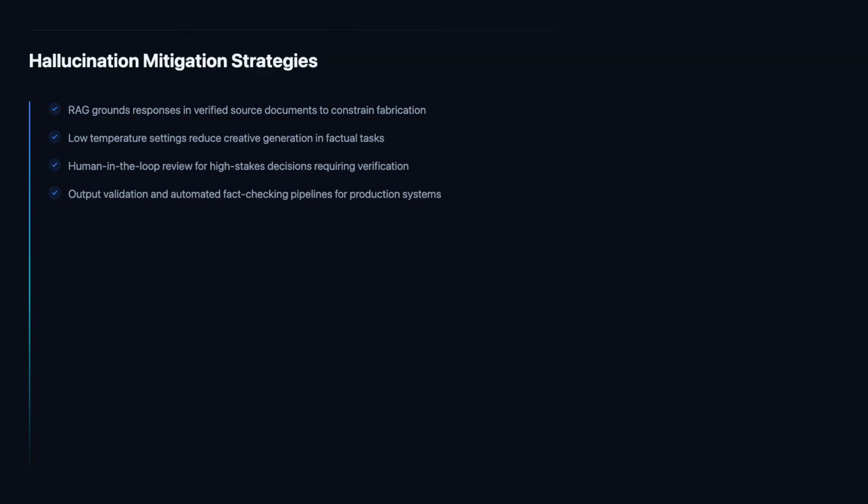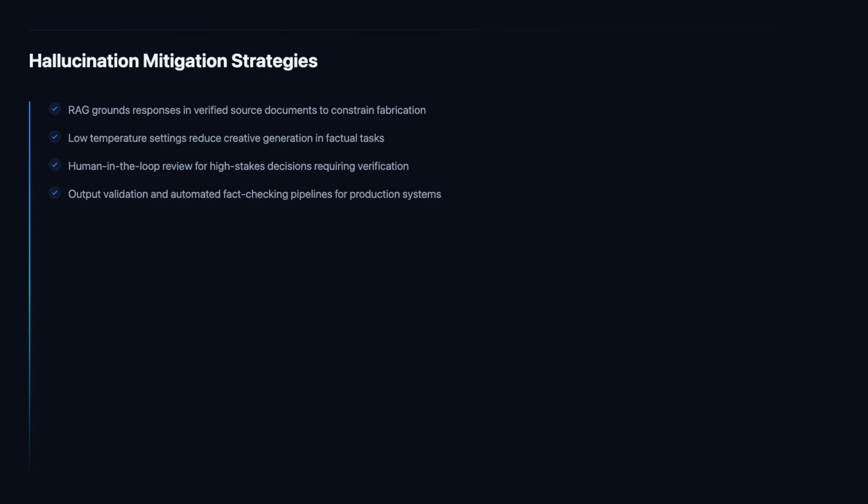Automated output validation pipelines provide a scalable alternative by applying programmatic checks to AI-generated content before it reaches users. These checks can include faithfulness evaluation, assessing whether the response is supported by retrieved context, factual consistency verification against structured data sources, format and schema validation for structured outputs, and statistical anomaly detection for outputs that deviate significantly from expected patterns.